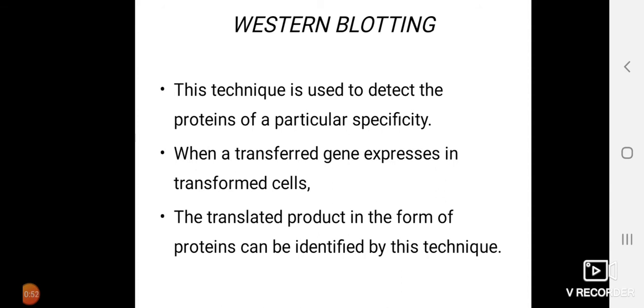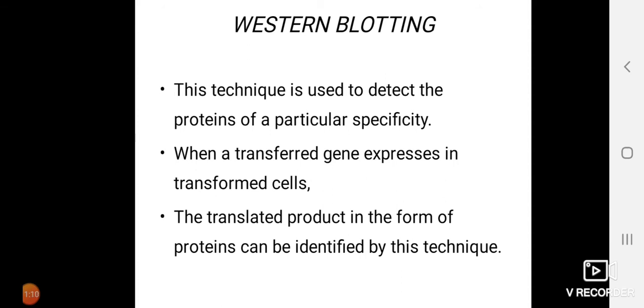So here the study is going to be done in an indirect way about the capacity of producing the protein by a particular DNA fragment, or a gene expression is going to be studied here.